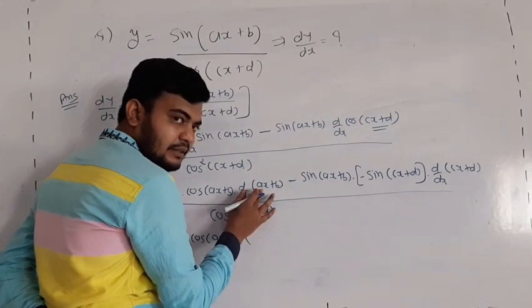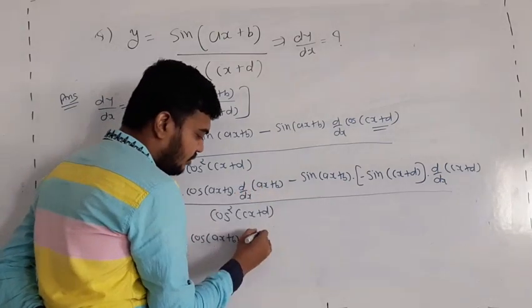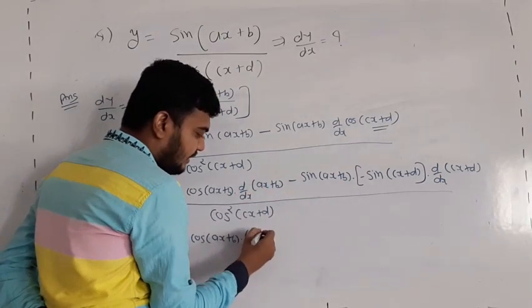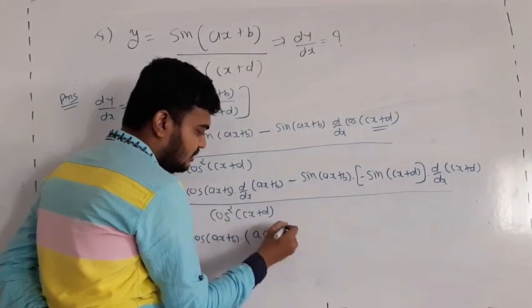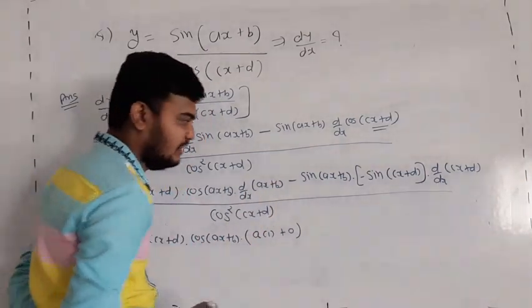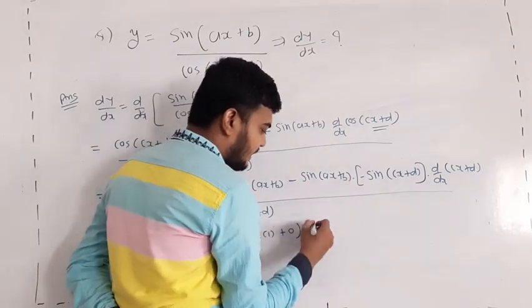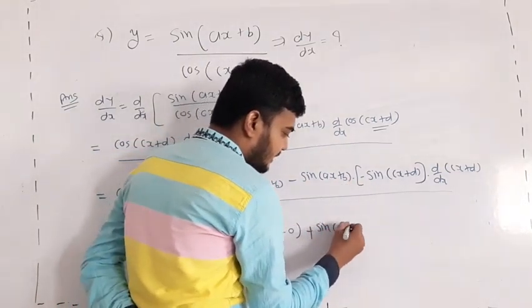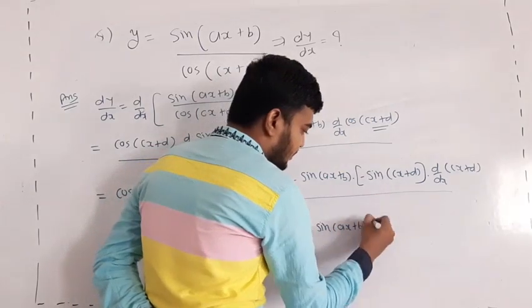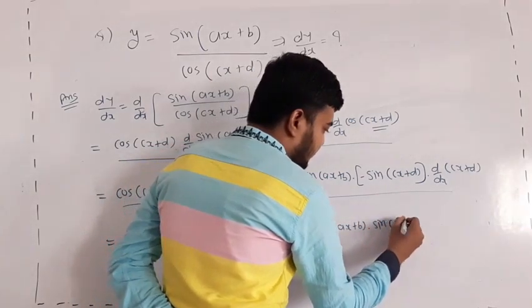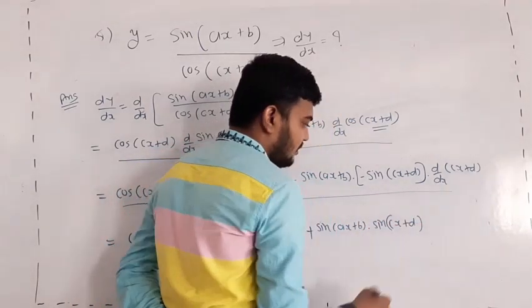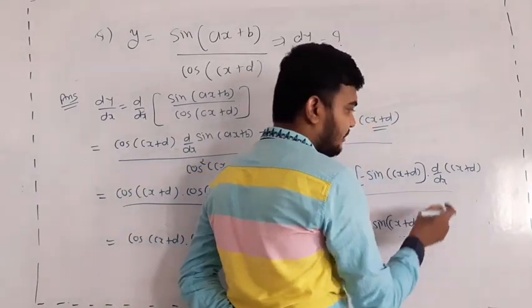So a is multiplied with x, so a as it is, the derivative of x is 1, plus b is constant. So the derivative of a constant is 0, minus plus sine ax plus b into sine cx plus d into, here same to same, there are plus signs.